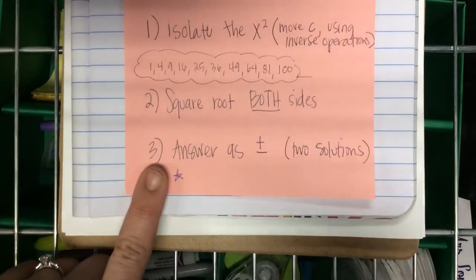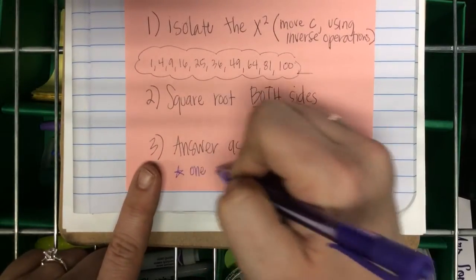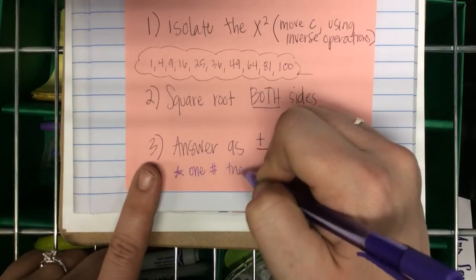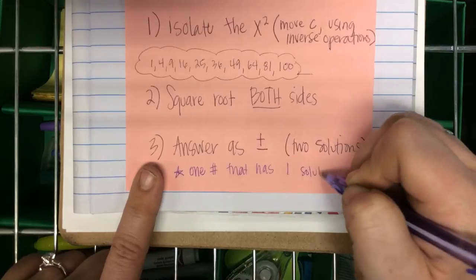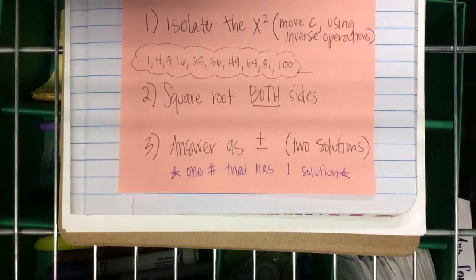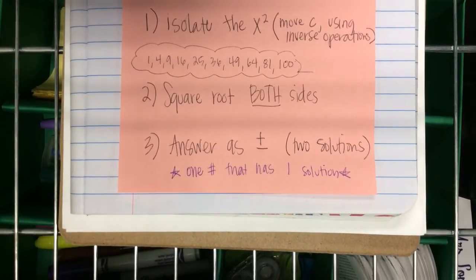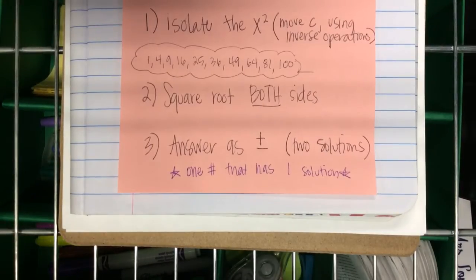There's one time where there's not 2 solutions. There's only one number that has 1 solution. Everything else should give you 2 solutions, if it can be done.